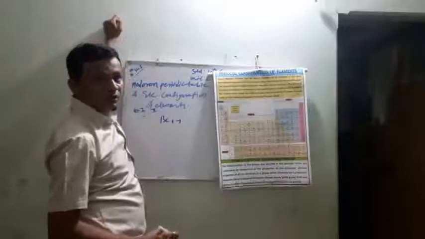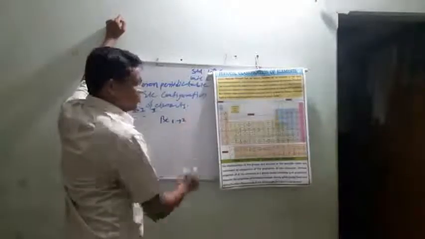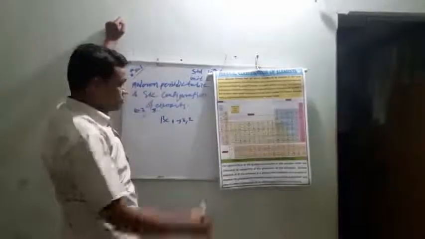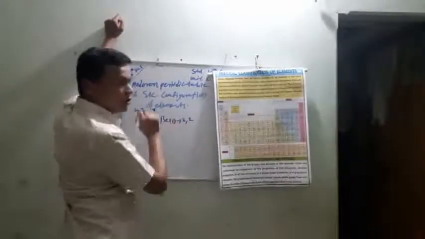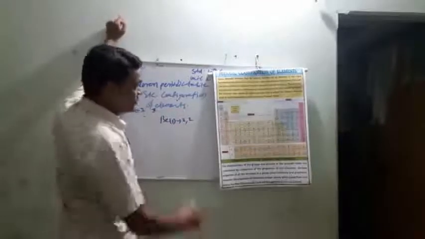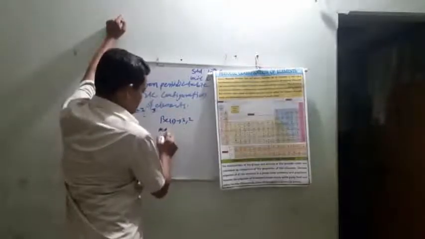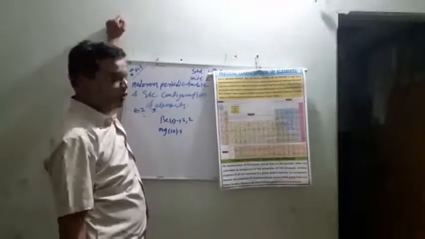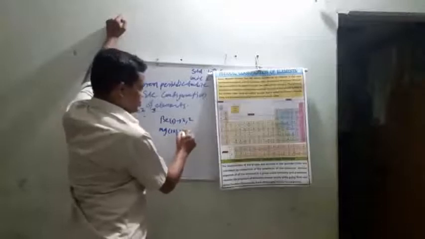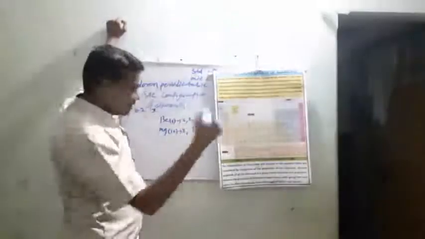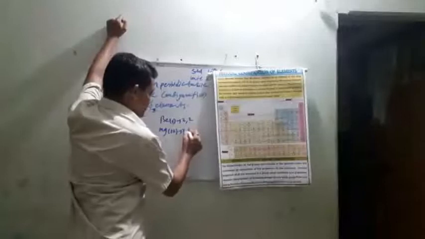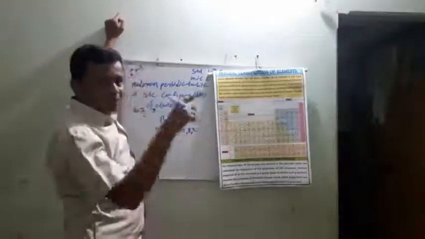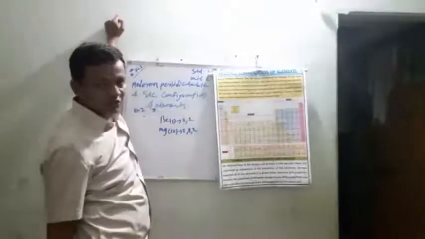So their electronic configuration: first shell contains 2 electrons, second shell contains 2 electrons, that is 4. Now the next element, magnesium, having atomic number 12. Its electronic configuration: first shell contains 2 electrons, second shell contains 8 electrons, and the remaining 2 electrons are present in the last shell.